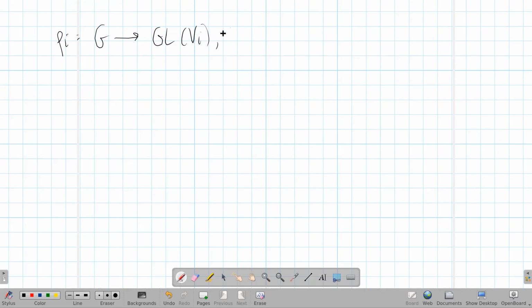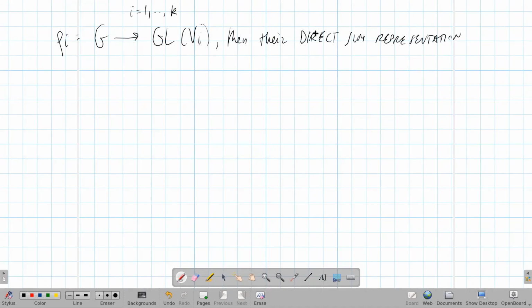Then their direct sum representation. So you have several representations, say i ranging from 1 to k, and then you can construct a direct sum representation. What is this?